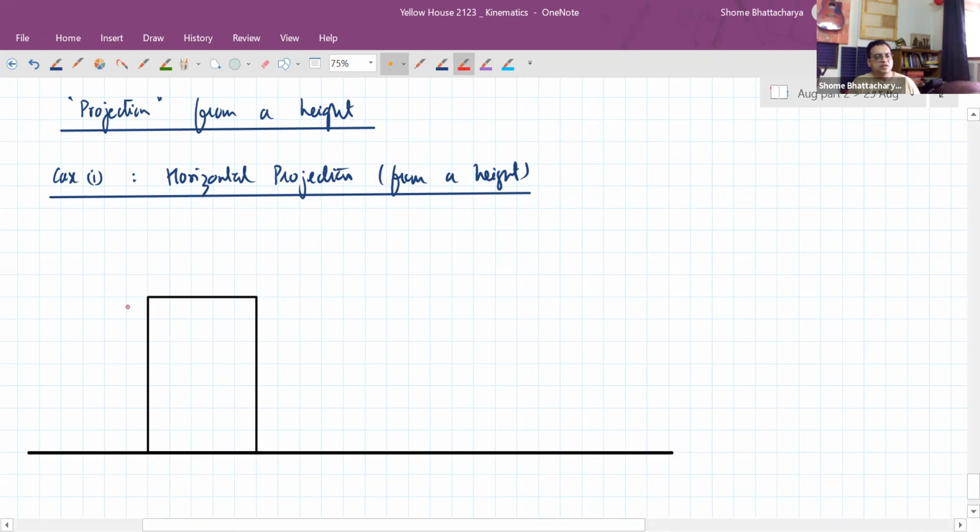Let's say this height is capital H, and from that position here, we are projecting an object horizontally at time t equal to 0. So once we project it, and again it's under the action of gravity, we have this kind of a path to strike the ground.